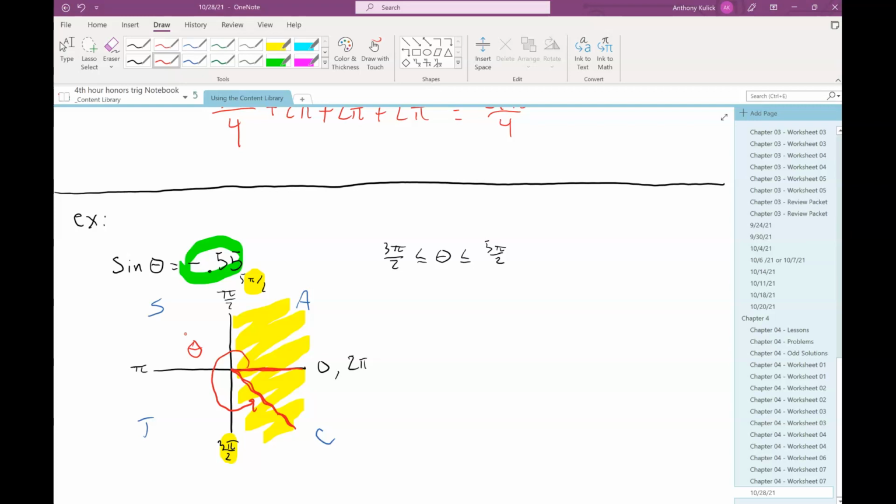Haven't done anything weird yet, right? Next, I'm going to label this angle that I make, the acute angle between the x-axis and the terminal side of my theta. I'm going to call this alpha. That little fish symbol there is the Greek letter alpha.